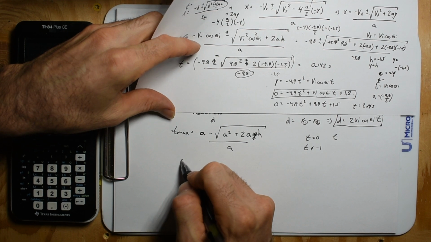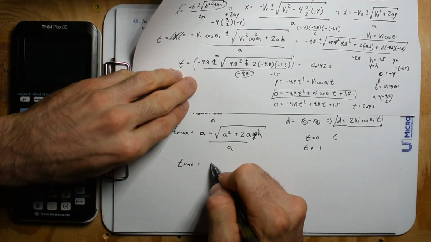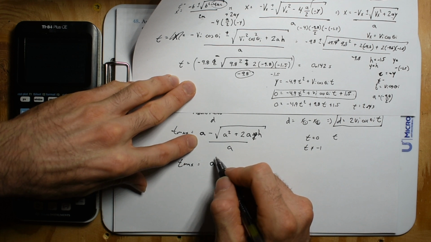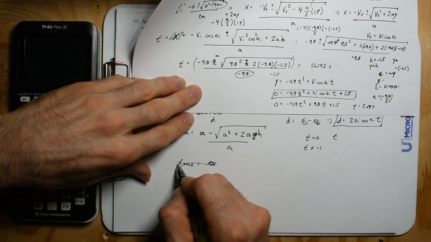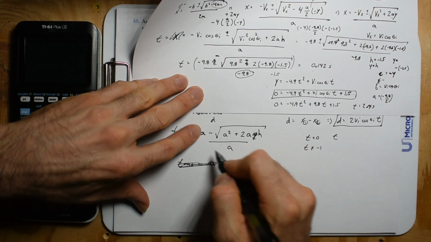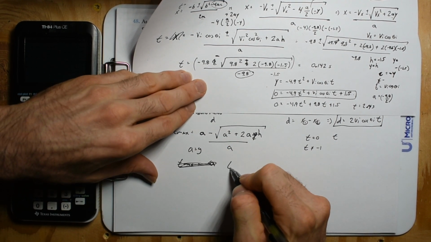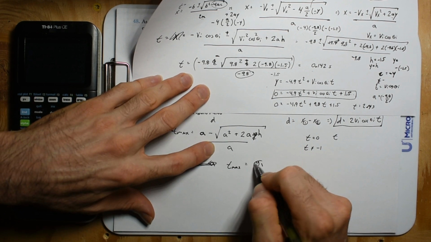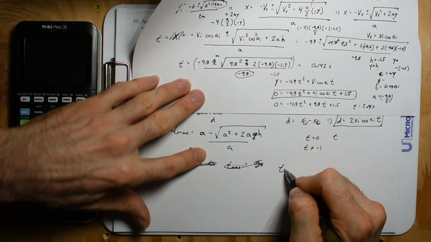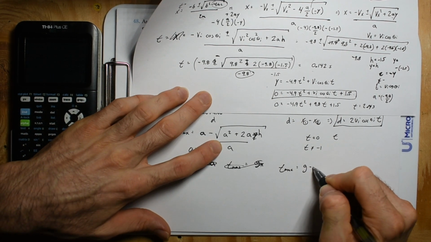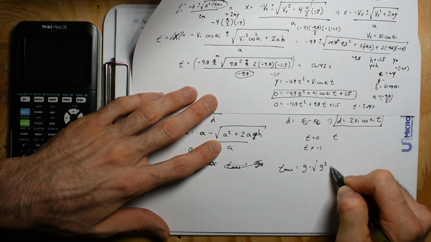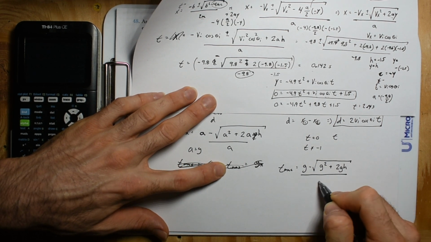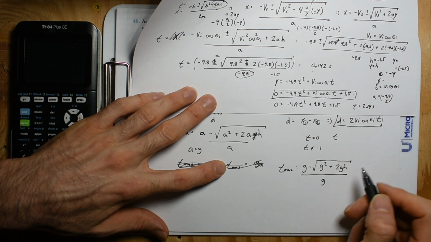I'm going to write that again. In physics books, acceleration is gravity, so t max is equal to g minus the square root of g squared plus 2gh, divided by g.